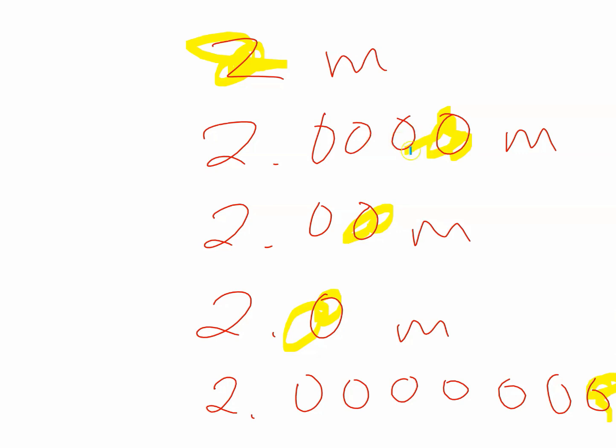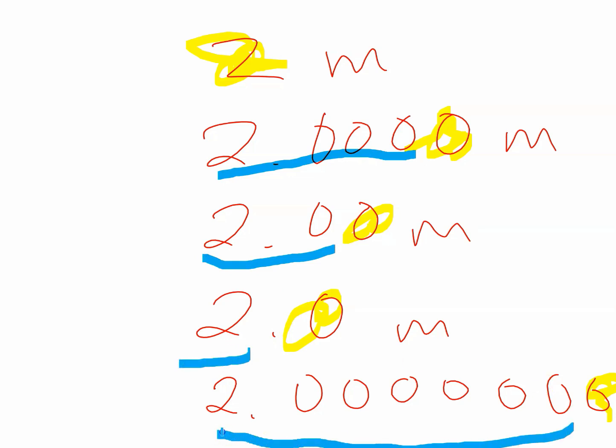But the final figure showing a guess means all the digits preceding the guess are accurate, meaning there was a set of targets that an observer used to record their measurement. This 2 is itself a guess. That means someone just looked at the height of the doorway and said, maybe about 2 meters.